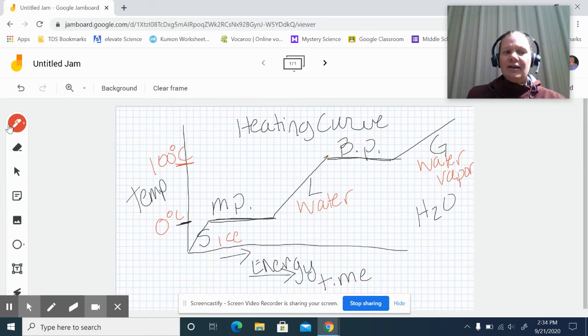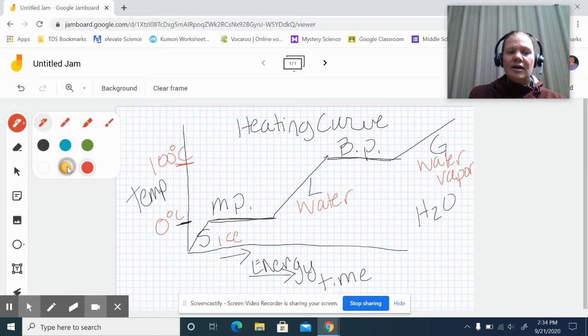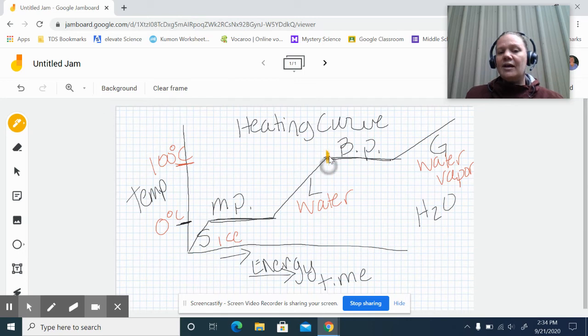Now, another thing that I want to address while we're already here, I'll go ahead and make this one yellow, is that this point right here is really where evaporation begins. So evaporation and boiling point are the changes from a liquid into a gas, but it's really hard to determine that in terms of being able to break it out on this graph.